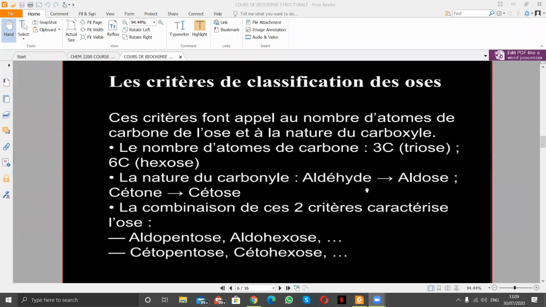I said carbohydrates are characterized by a carboxyl function or carboxylic function, which is aldehyde or ketone. Now in French, this is an aldehyde. A ketone in French is cétone.